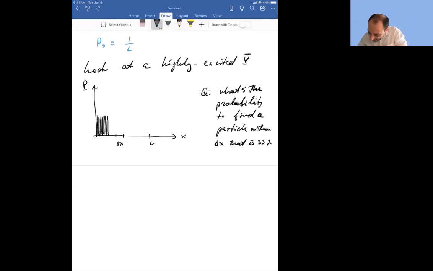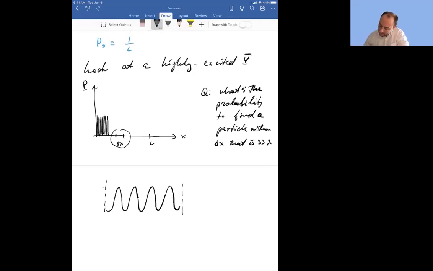Well, if I zoom in here, what I see is these oscillations. This is the sine squared oscillation. And because delta x is much larger than the wavelength, it would have many cycles. And you see these cycles go between 1 and 0.